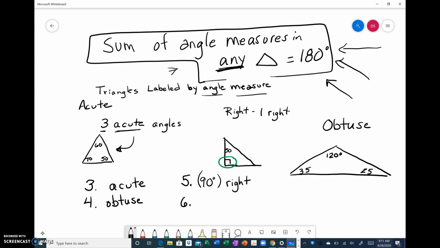Number 6 doesn't have any angles over 90 degrees, so it is acute. Number 7 has a right angle, so it is a right triangle. And number 8 has 114, that's obtuse, so it is an obtuse triangle. And that is how you classify triangles by angle measure.